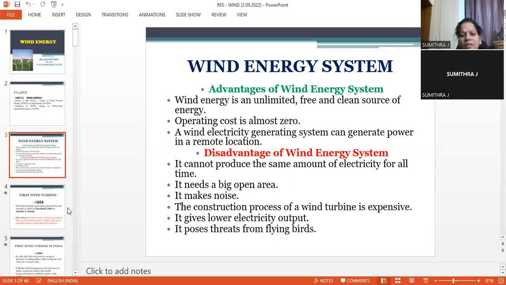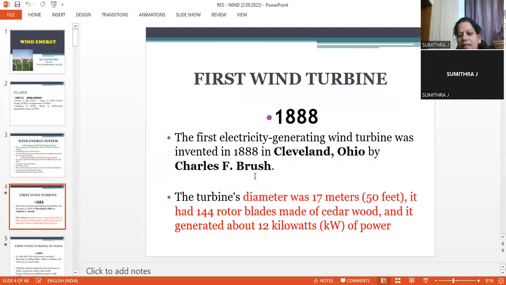The first wind turbine was introduced in the year 1888 by Charles F. Brush, and the turbine initially used is said to have had 144 rotor blades, made of cedar wood, with a capacity of producing about 12 kilowatts of power.